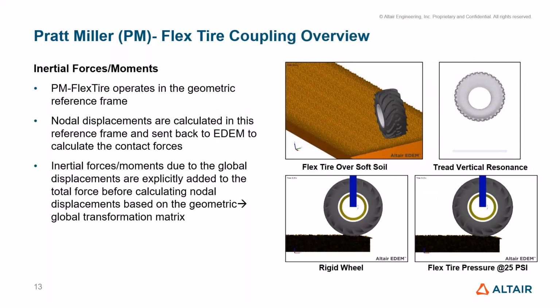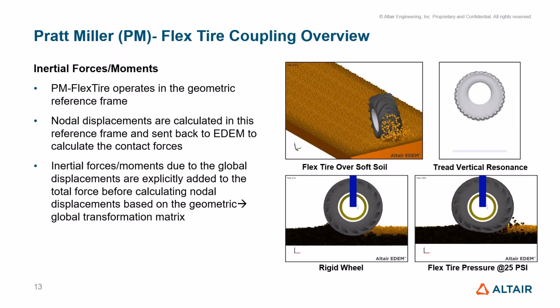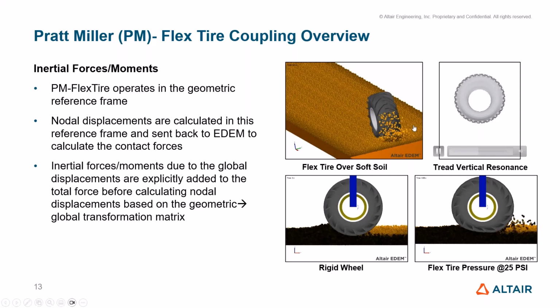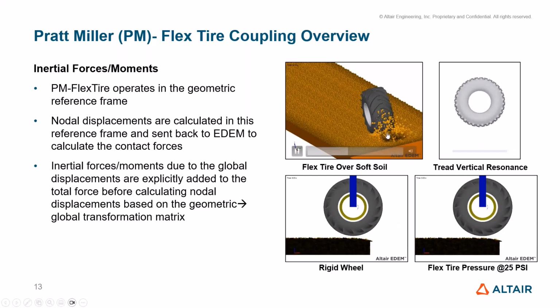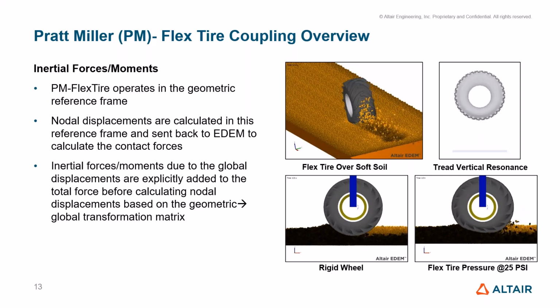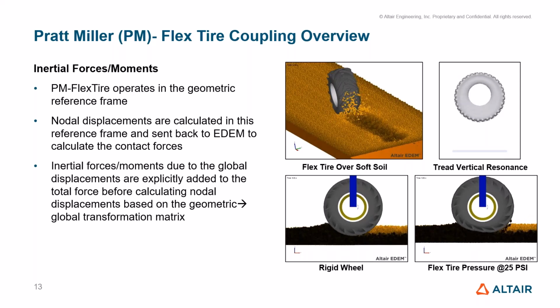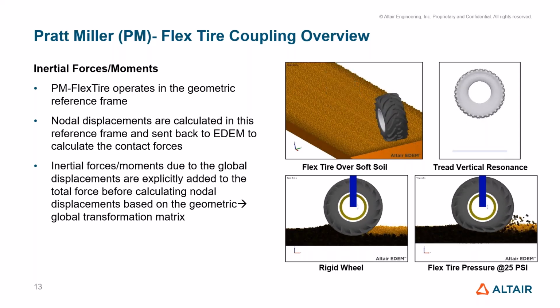To understand more about FlexTire coupling and how the data is exchanged: PM FlexTire comes into action only when the tire model is interacting with the soil, whereas if the tire model is in contact with rigid road surfaces, it takes the standard auto tire model from the MBD solver.